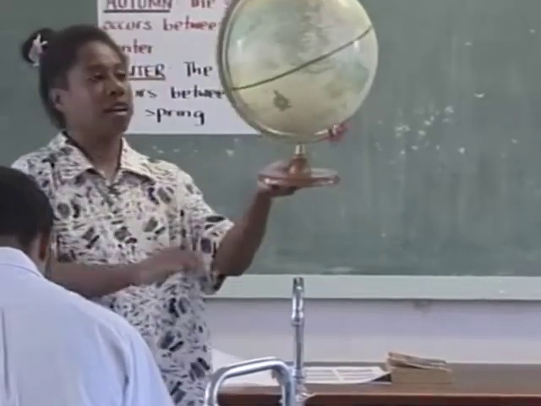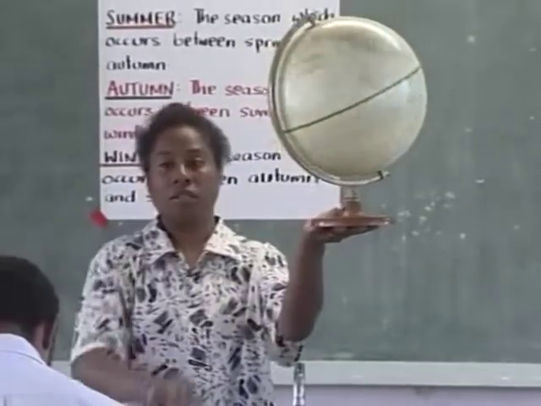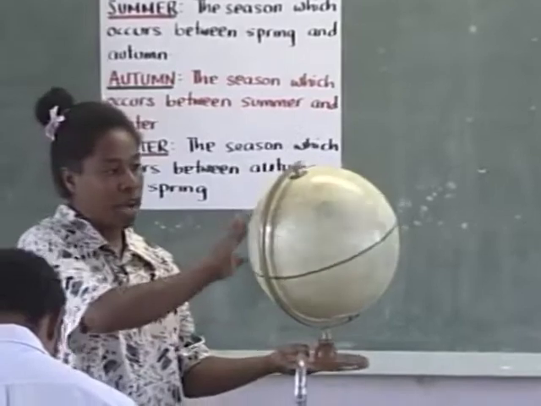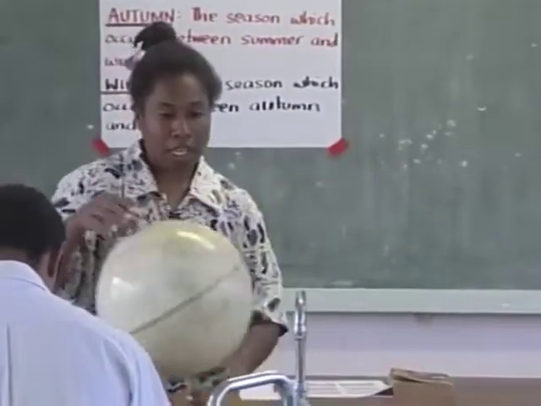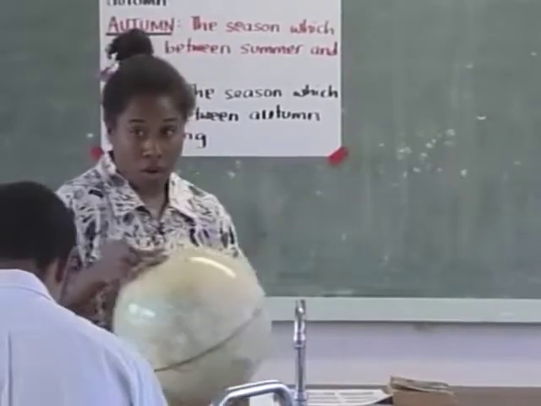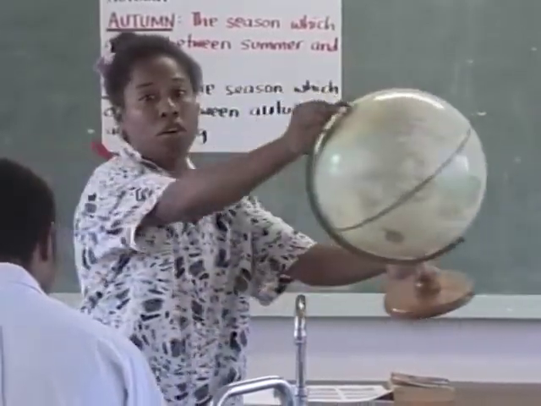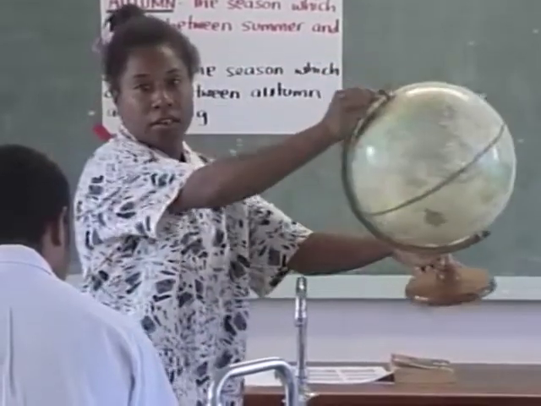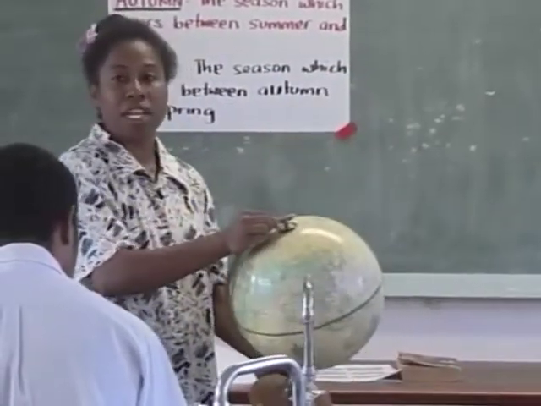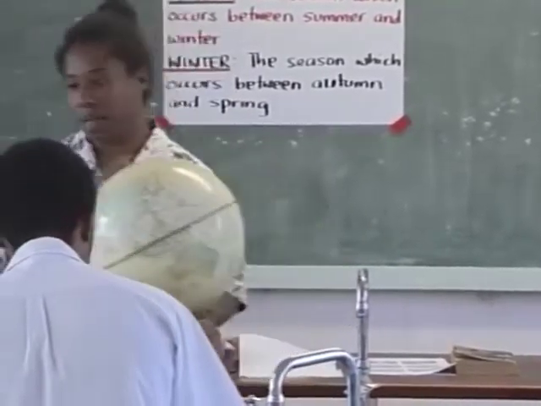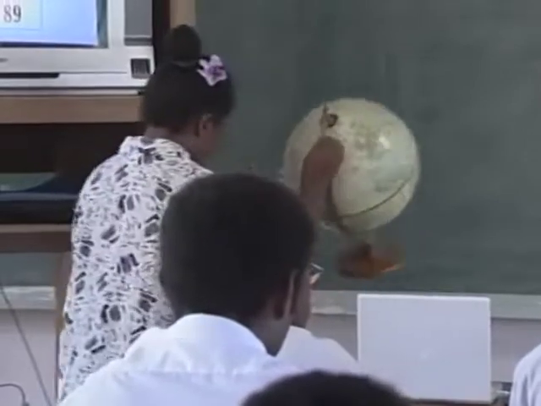So Frank, the rotation movement every 24 hours on its axis, and at the same time, while it is rotating on its axis, it is also revolving around the sun in an orbital or oval shape type movement, okay? And it will take 365 and a quarter days for the complete revolution. Okay, so those two movements.